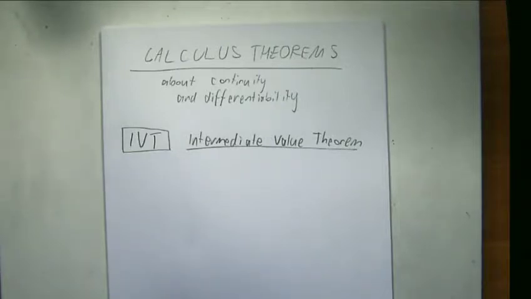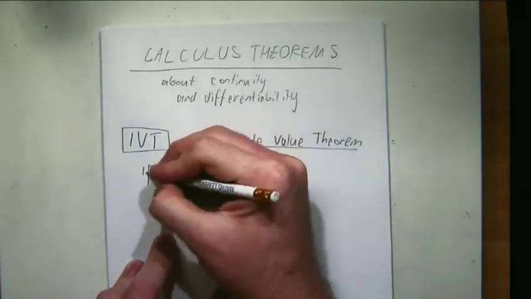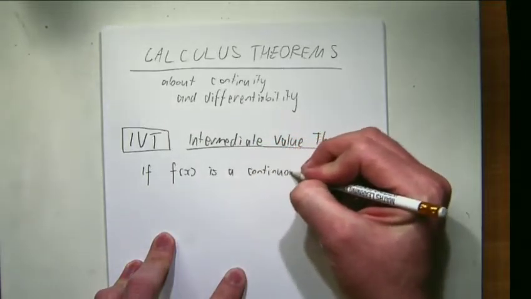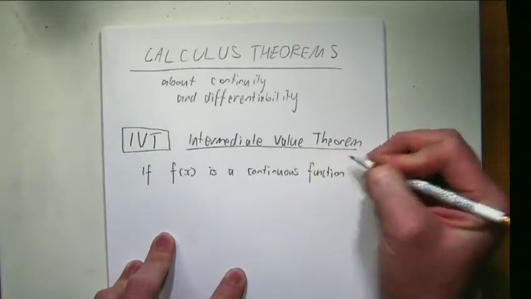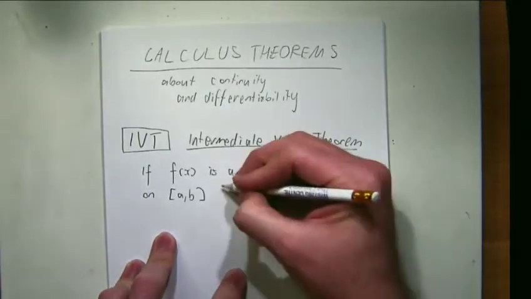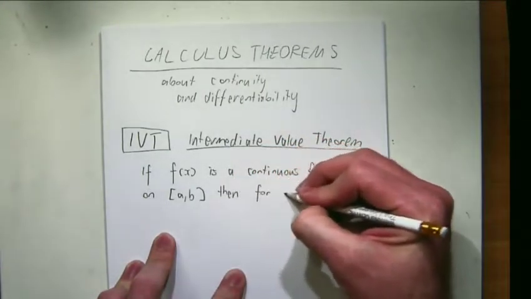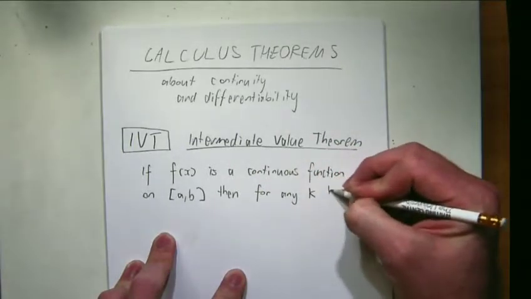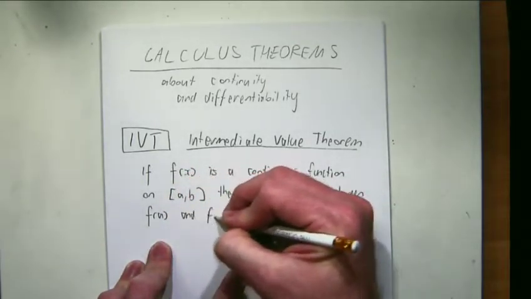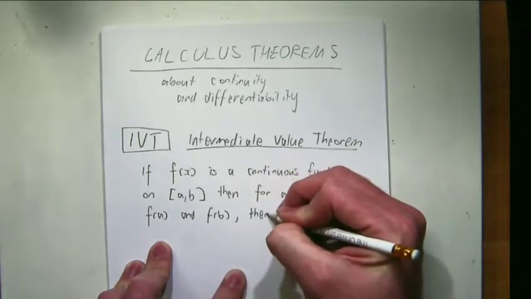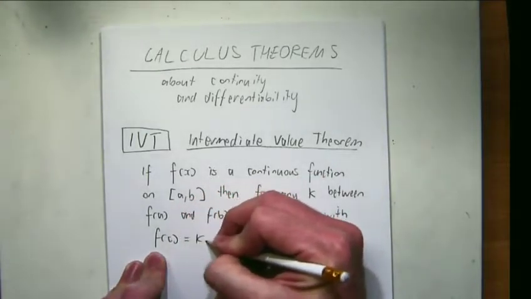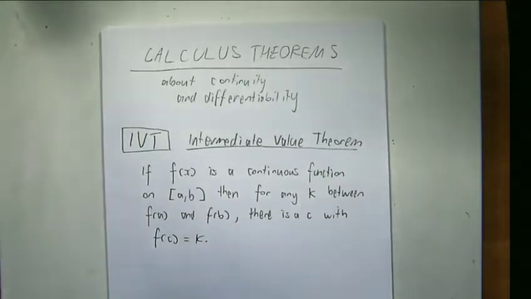The Intermediate Value Theorem says, let's see if I can remember it off the top of my head: if f of x is a continuous function on the interval [a, b], then for any k between f of a and f of b, there is a c with f of c equals k. That's the Intermediate Value Theorem.